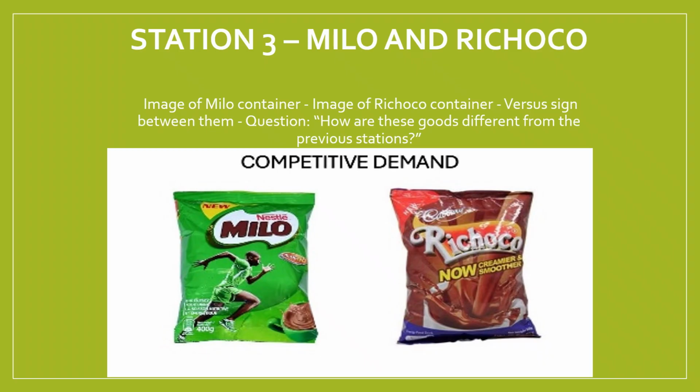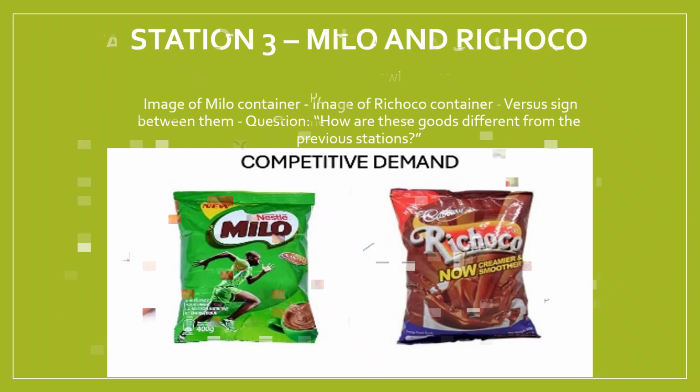Of course, no. What's the relation between them? If the price of Milo increases, what might happen to the demand for Rich Choco? Are they alternatives? Can they satisfy the same need? Write your observations. What do you notice about how these goods are related?